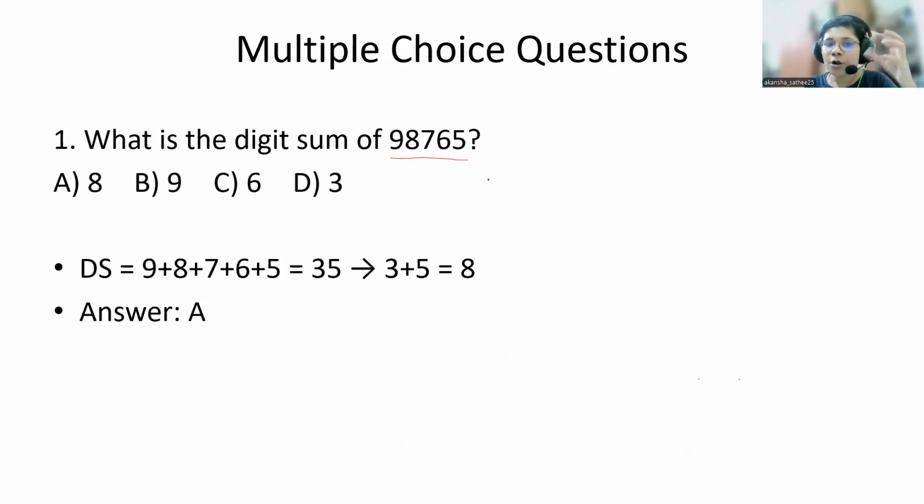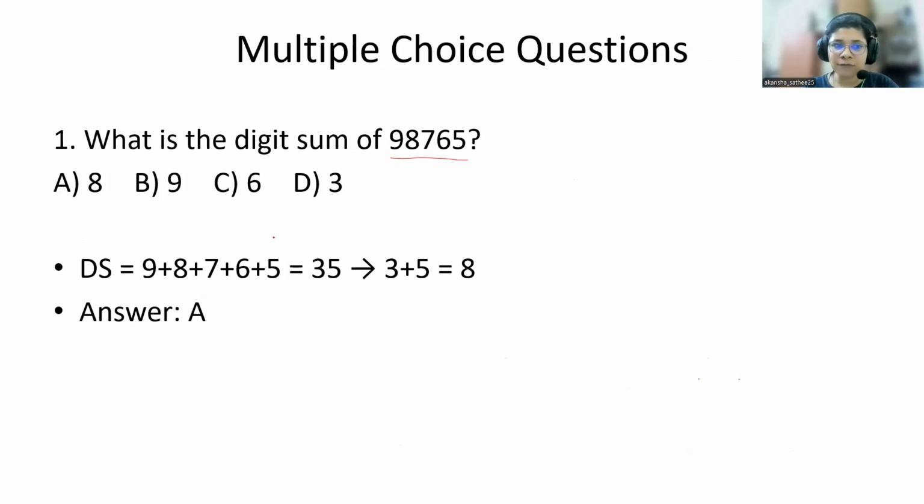Or you divide this number by 9: if it is divisible by 9, then the digit sum is 9 itself, and if it is not divisible by 9, the remainder will be the digit sum. But I personally feel that instead of dividing, it is easier to follow the digit sum rule. That I like more.